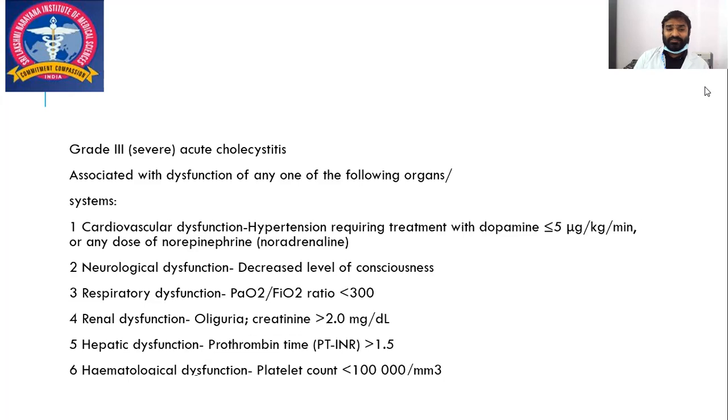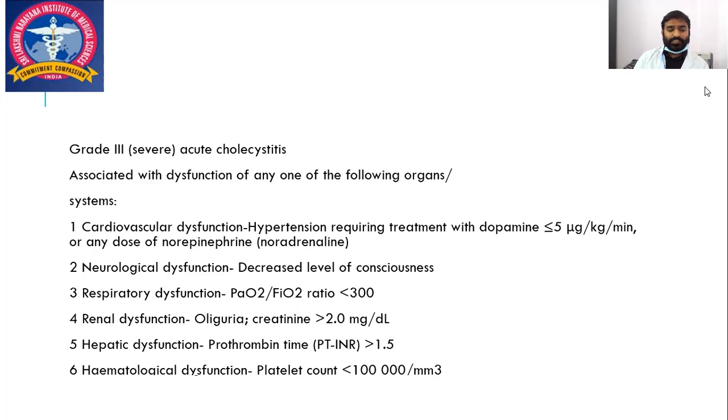And grade 3, which is severe acute cholecystitis, is associated with dysfunction of any one of the following organ systems. Cardiovascular system: hypotension requiring treatment with dopamine or any dose of noradrenaline. Neurological dysfunction: decreased level of consciousness.